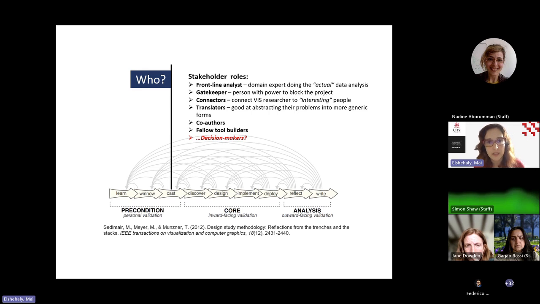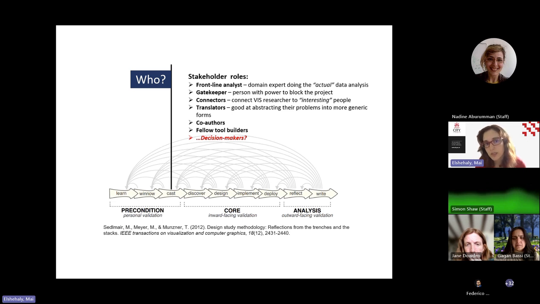One of the things that are really interesting around these definitions is that they're very much focused on, again, the idea of domain experts, people who are centering their entire tasks and roles around data. So the most important one, obviously, is the frontline analyst. This is described in the paper as the domain expert doing the actual data analysis. That's the main target audience for visualization.